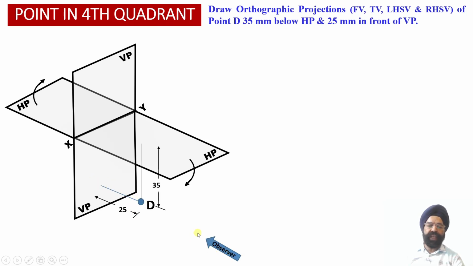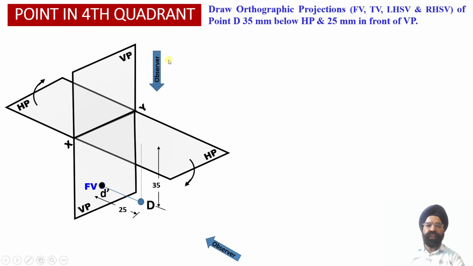So as the observer is going to look at this point from the front view orientation, we observe that this point D front view projection will be projected onto the vertical plane at a distance of 35 mm below the XY reference line.